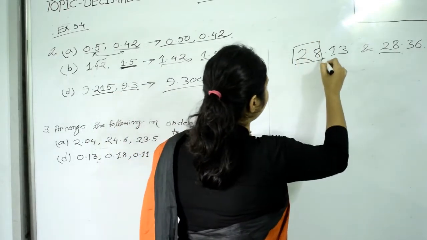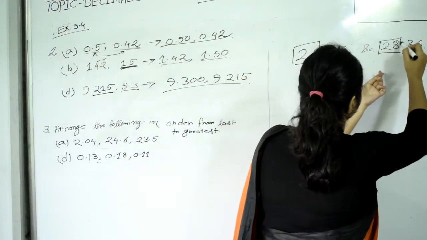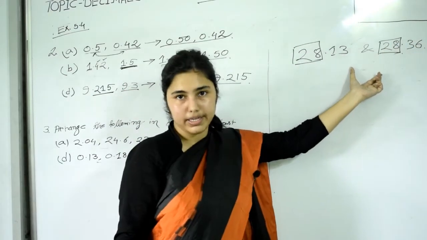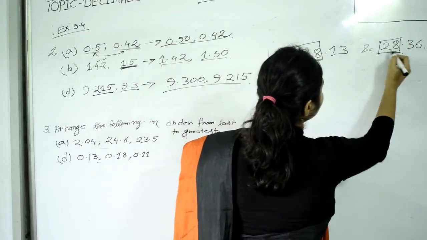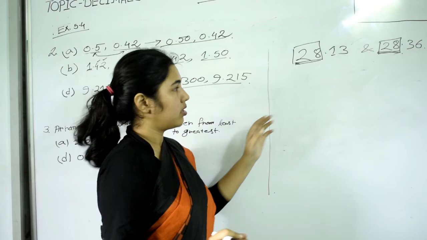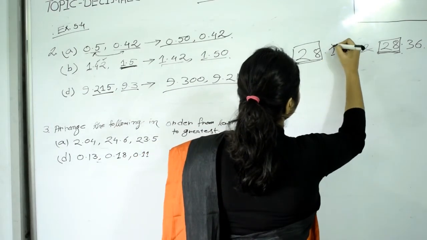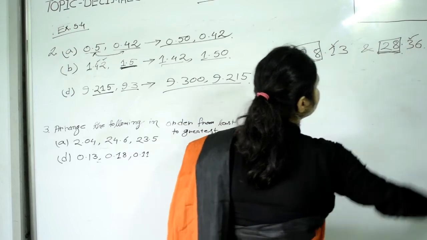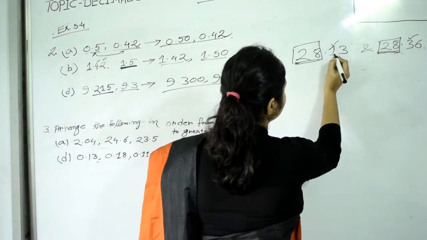Here the whole number is 28 and here also the whole number is 28. So next, if the whole number part is equal, then our next step is to compare the first decimal place, which is the 10th place.